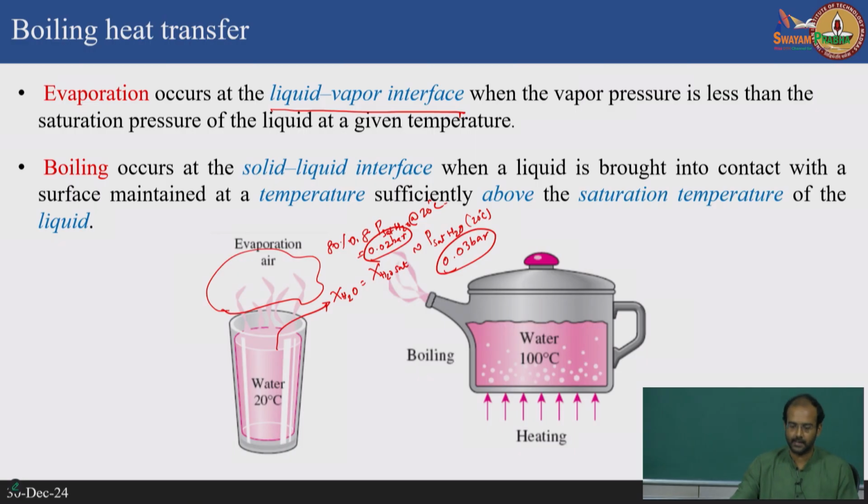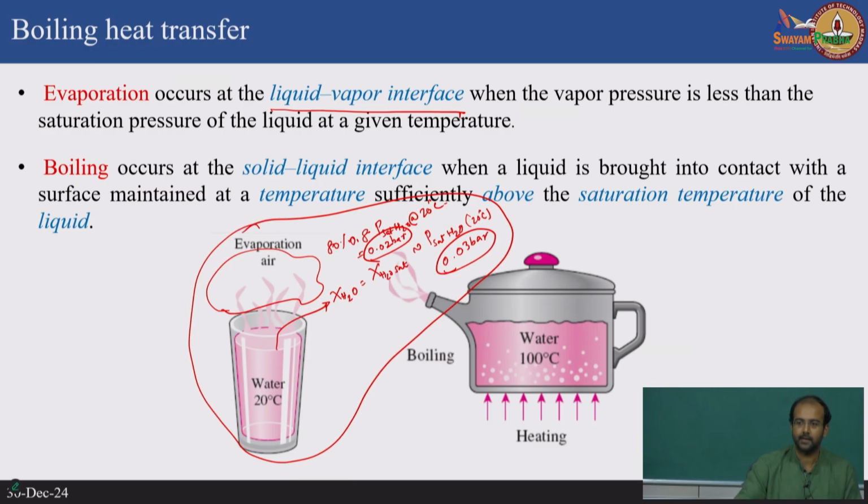You see this entire system is isothermal, everything is at 20 degrees, there is hardly any temperature difference, but there is a concentration difference because at the liquid vapor interface it is saturated with water molecules, and just outside, because of the relative humidity, your partial pressure of water vapor is slightly lower than the saturation pressure. If it is 80%, it is 0.8 times your 0.03 bar, which is around 0.024.